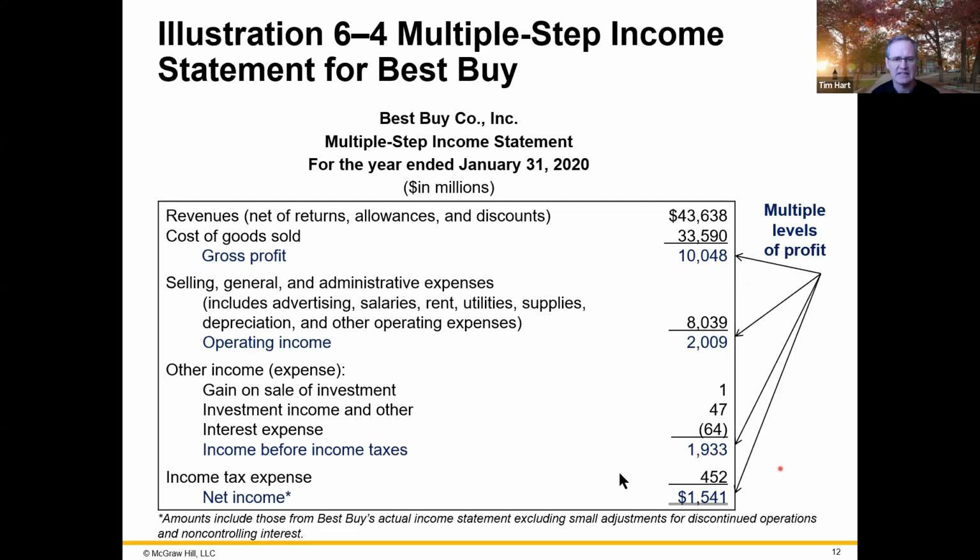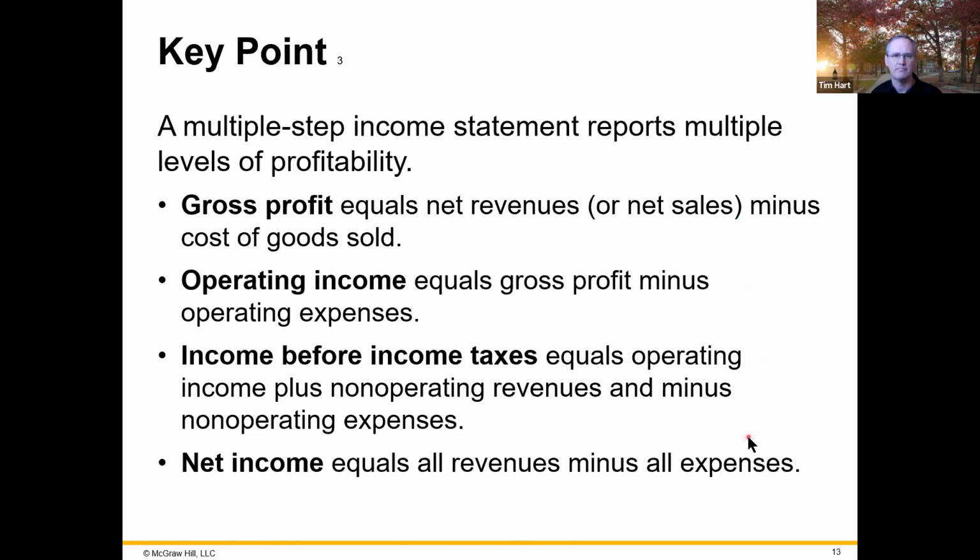And then income tax expense to get all the way down to net income. Okay, and then there's a note here. There could be other things, but that's for way down the road. Okay, so different levels of profit: gross profit, operating income, income before income taxes, and net income. Some key points here. Multi-step income statement reports multiple levels of profitability, and we've talked about each of those.